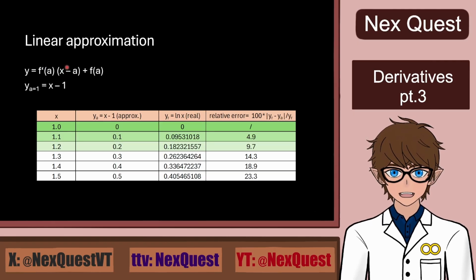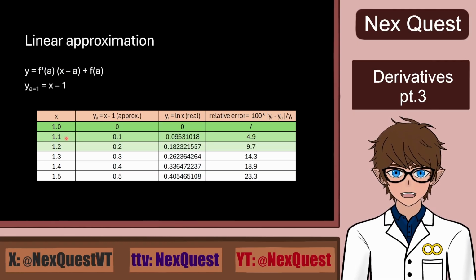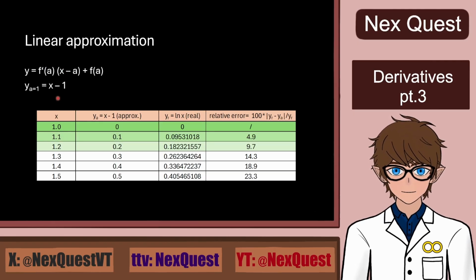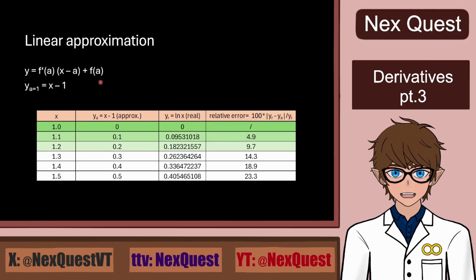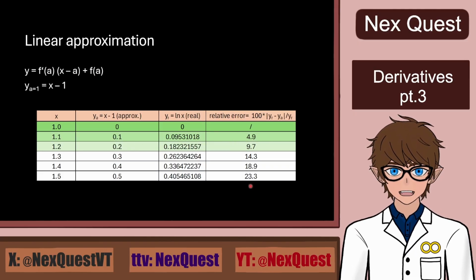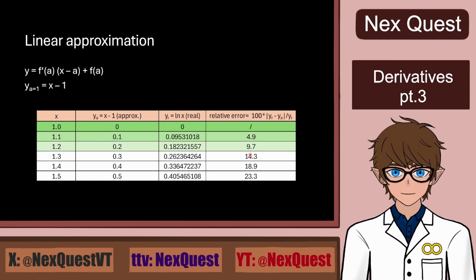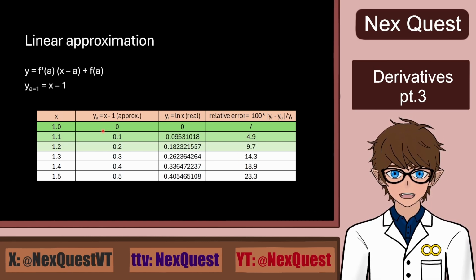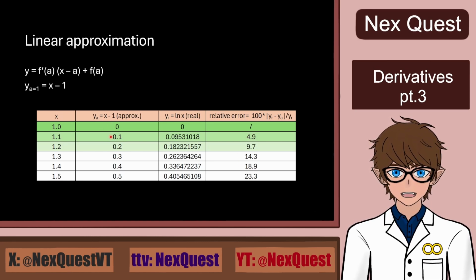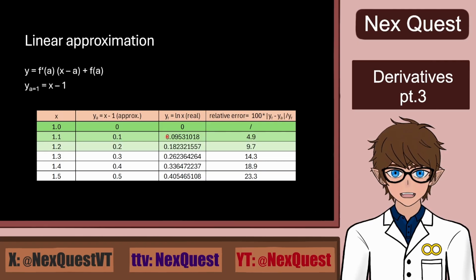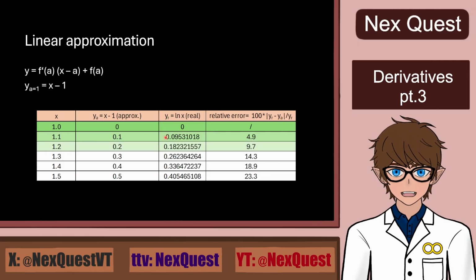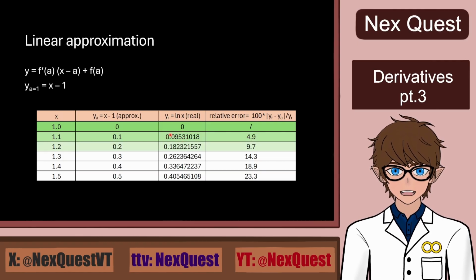This difference is the difference between the value in the x column and the a value, which we set to 1 in this case. If we go too far, this error becomes a lot greater, as we can compare the values. The approximated y value is 0.1 for 1.1, but the real one is 0.0953, which is close enough, I guess.